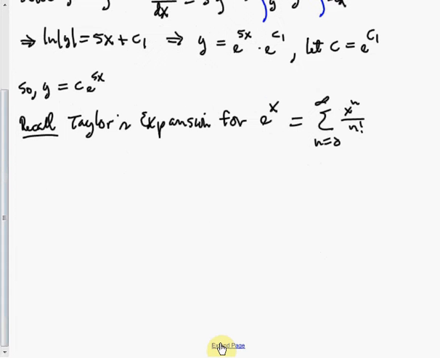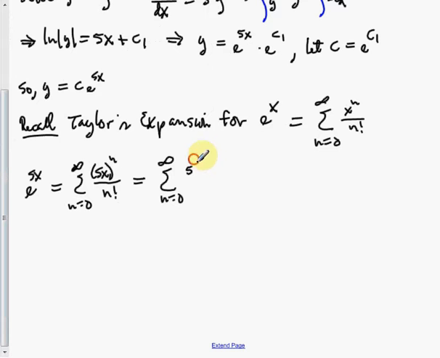So if I have e to the 5x, then I just replace the x with 5x. So this is the summation as n goes from 0 to infinity of 5x to the n over n factorial, or you can write it as the summation as n goes from 0 to infinity. You can factor out the 5 from the x, and that'll be 5 to the n times x to the n all over n factorial.